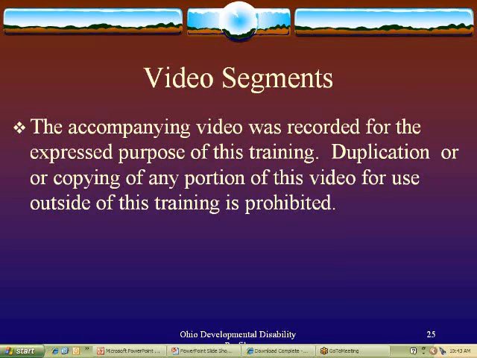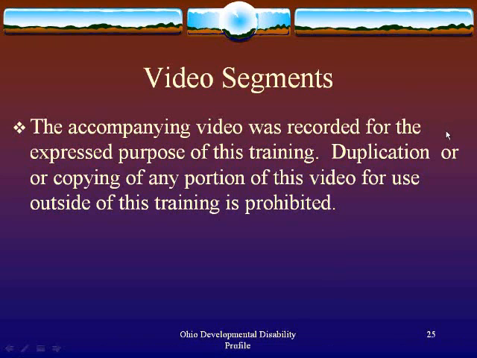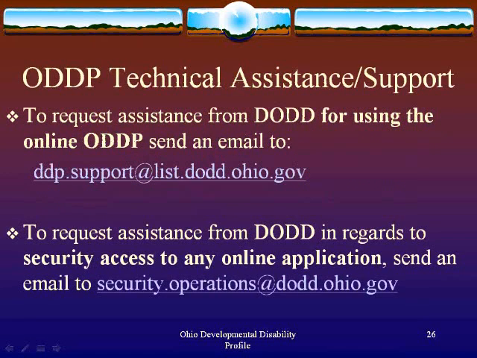So as a wrap-up, what we want to do is provide you with some technical assistance support links. If you need assistance specifically with the DDP, say, specific questions with the assessment, advice on how to answer certain questions, you always have your instructions, which has a lot of additional guidance, which I think you'll see when you go through the face-to-face.